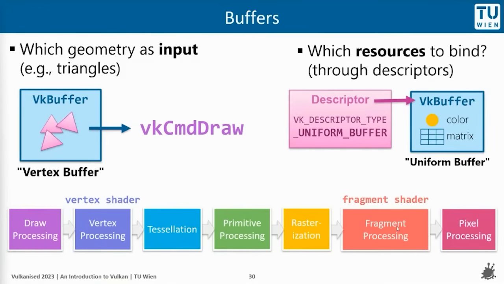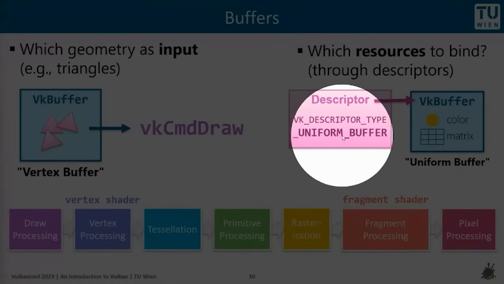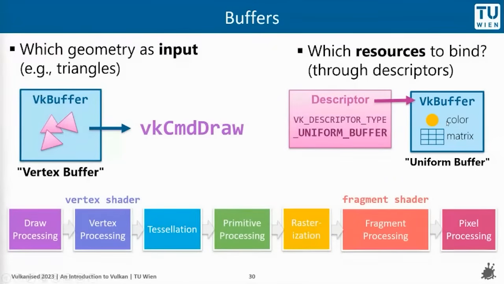And the descriptor then references the buffer that this descriptor represents. With descriptors, we have to pay attention to use the correct type, in this case VK descriptor type uniform buffer, in order to represent such a buffer as we have seen in the shader code before.